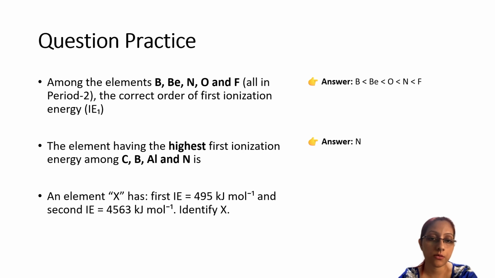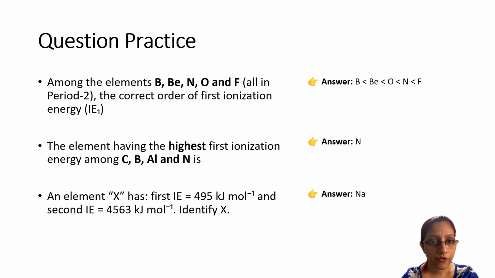We have just talked about an element that achieves a stable noble gas configuration after removing one electron, that is sodium. Sodium has first ionization energy 495 kilojoule per mole, and after that it becomes the sodium ion Na+, and the second ionization energy will be large because Na+ is like neon, so there will be a large jump. The given values correspond to sodium, so the correct answer is sodium.